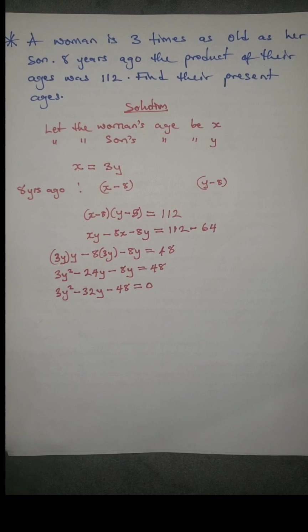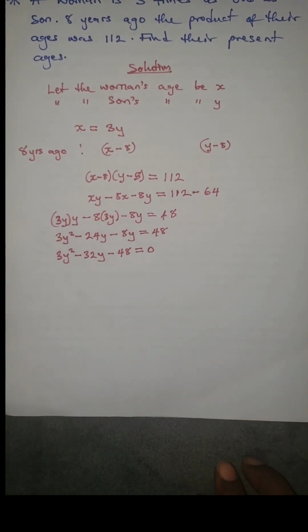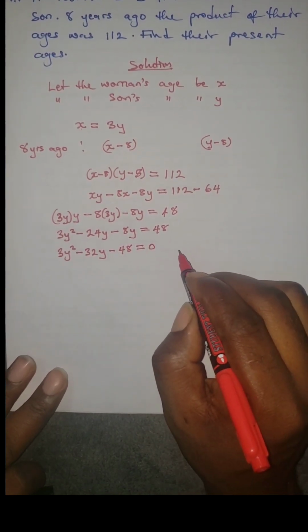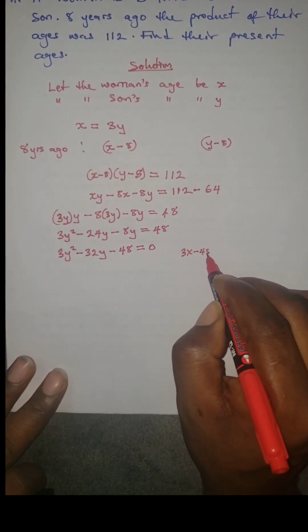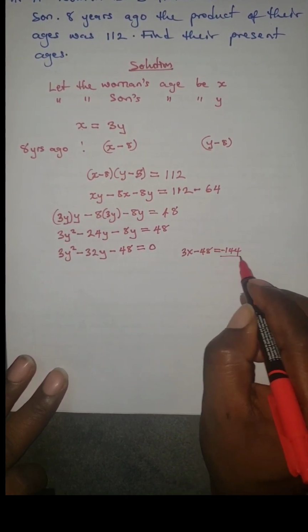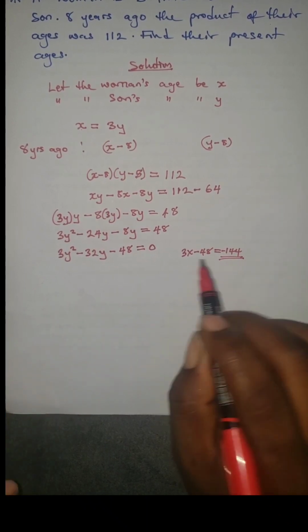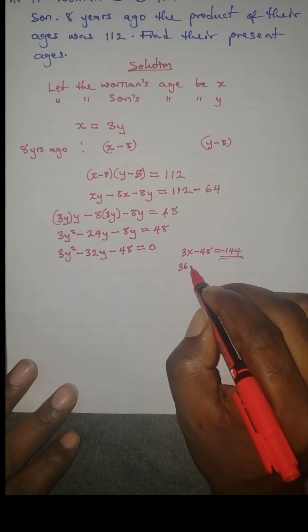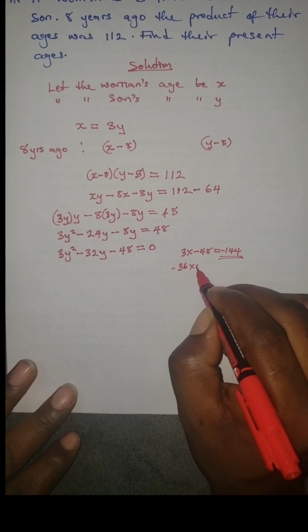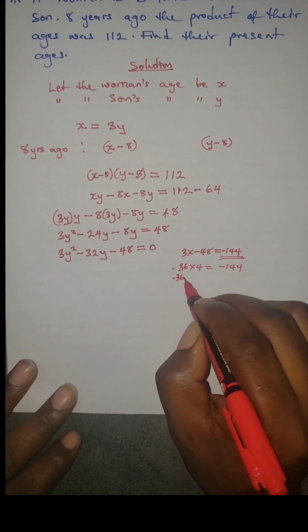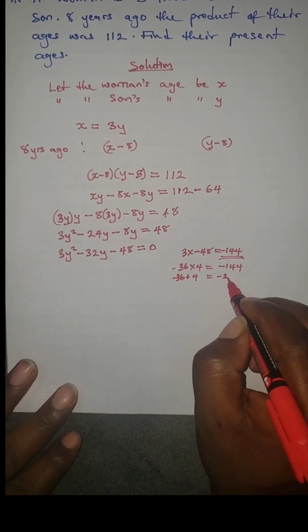So the next thing now is to solve our quadratic equation and get the value of our y. Using factorization method here, you can have that 3 times minus 48 is equal to minus 144. So factors of 144 that, when I add them, I'm going to get minus 32. So I think minus 36 times 4 will give me minus 144, and minus 36 plus 4 will give me minus 32.